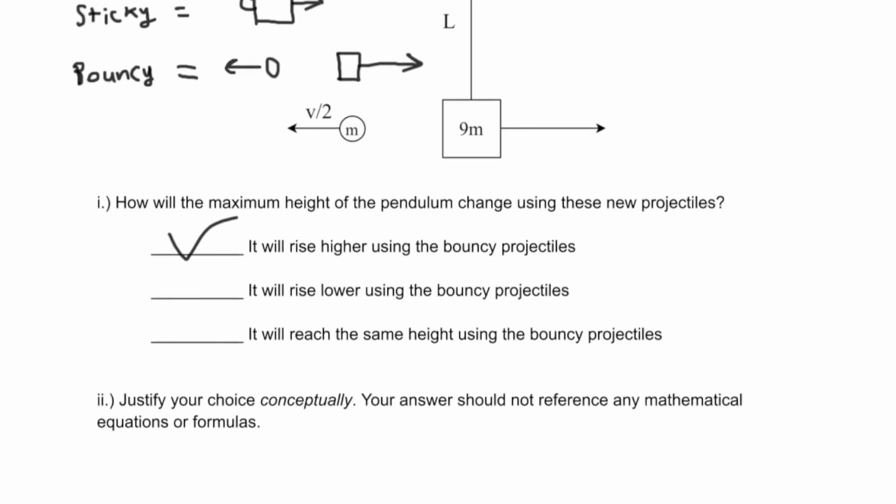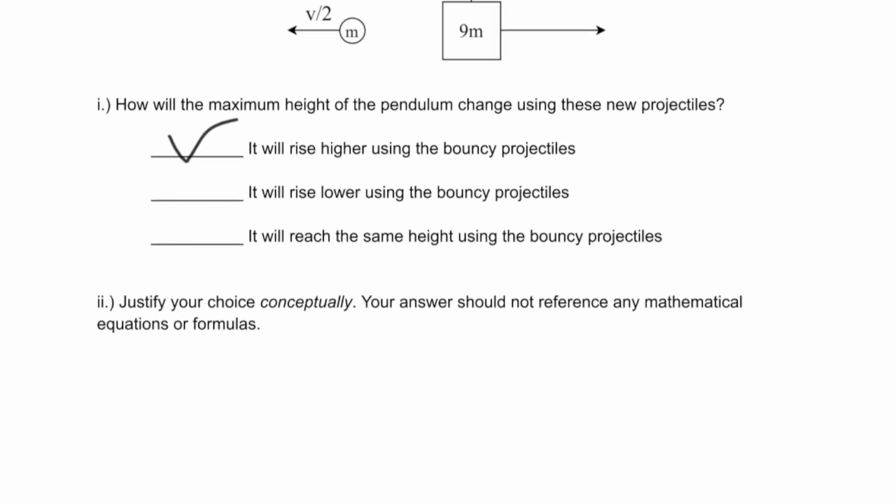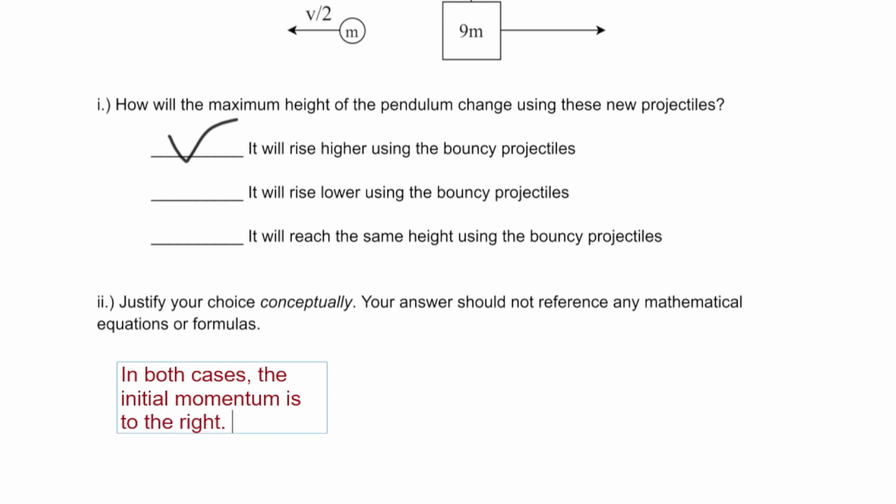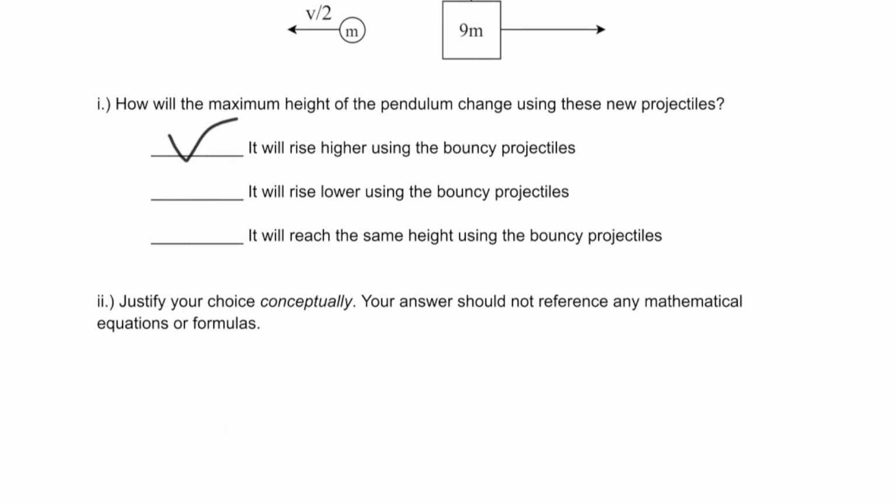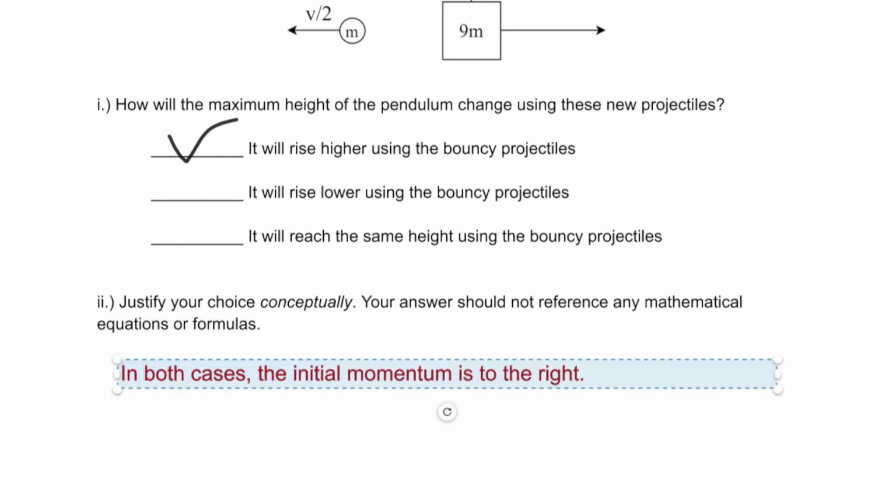So justify our choice conceptually. So again, I will just kind of write it out here. In both cases, the initial momentum is to the right. Then we'll make this text box wide enough for us to actually get some good writing in here.